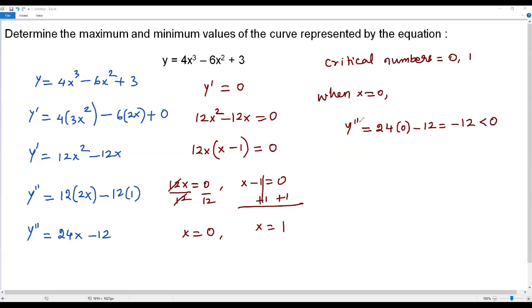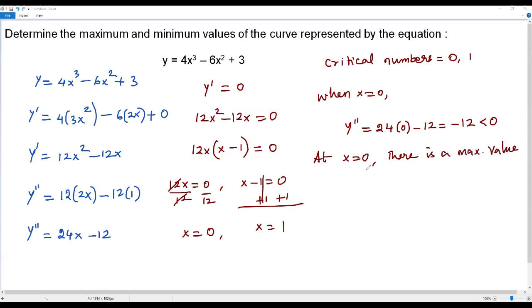So when x equals 0, the second derivative becomes negative. Whenever for a critical number the second derivative is negative, the given function has a maximum value at that value of x. So at x equals 0, there is a maximum value.